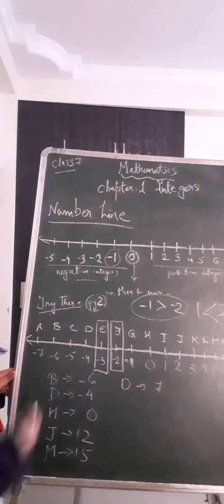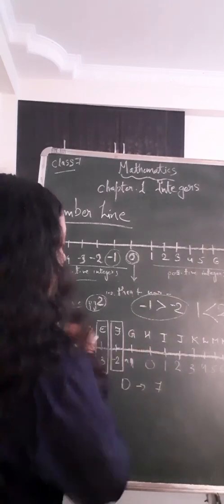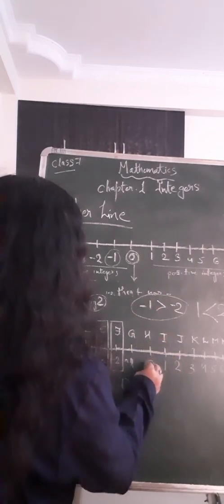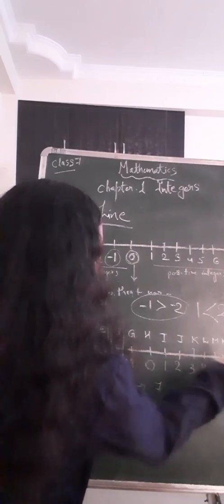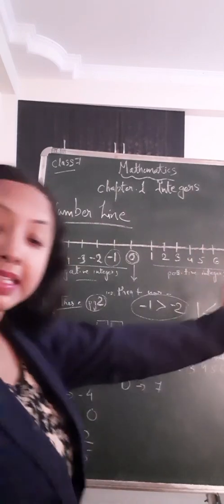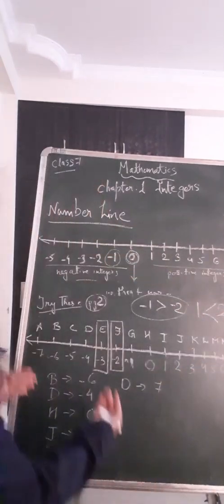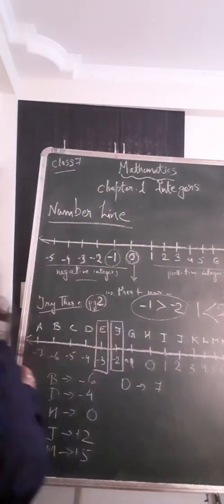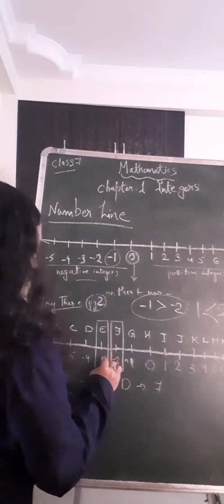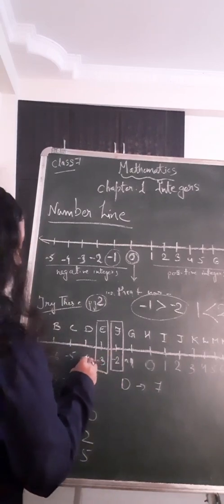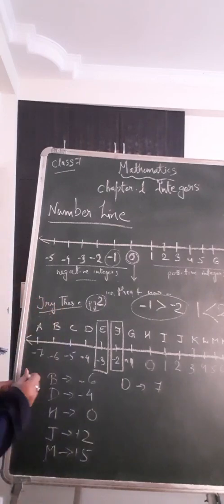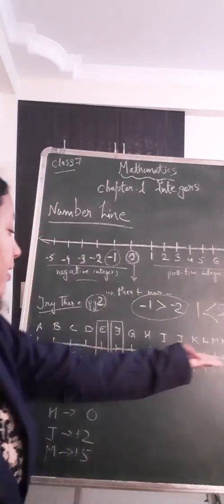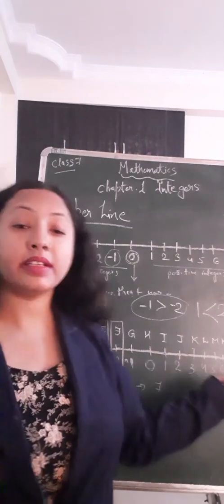On the right side it will be -1, and to the right of your -1 will be 0, and then it will be 1, 2, 3, 4, 5, 6, 7 accordingly to the right side. Now in the left side, children, after -3 we will have the value -4, then -5, then -6, and then -7. So children, see, I have already placed all the numbers.